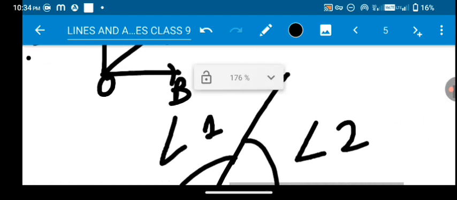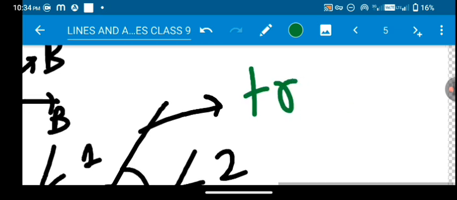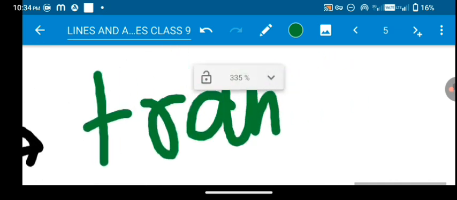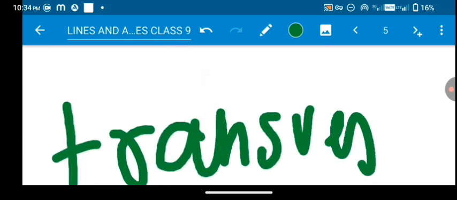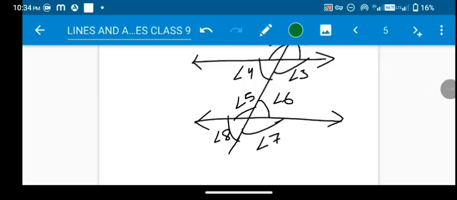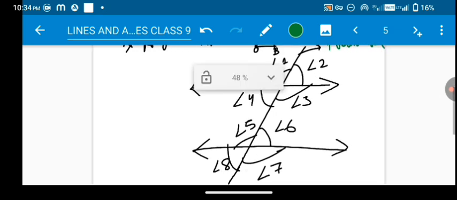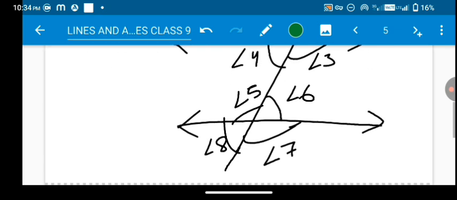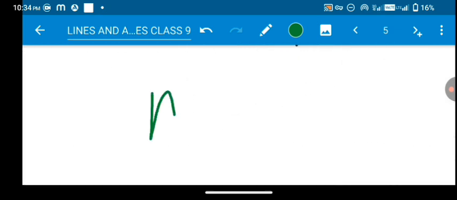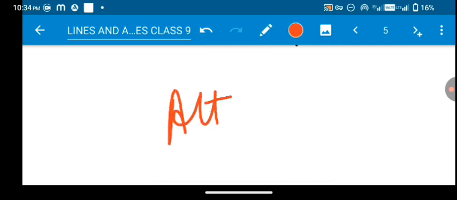This line which is cutting two parallel lines is called a transversal. So first we will talk about the alternate interior angles.